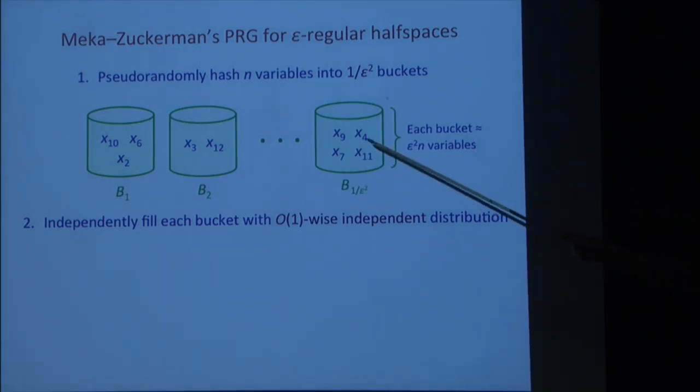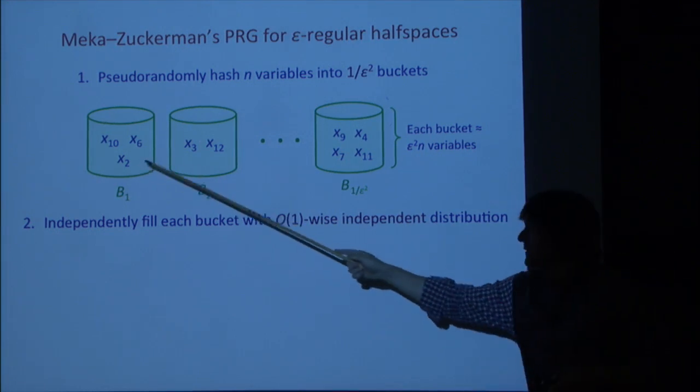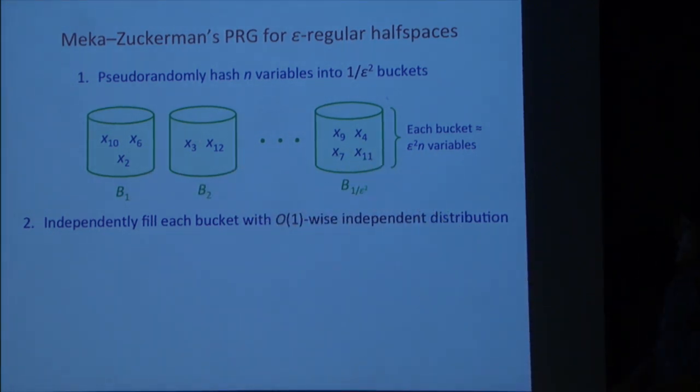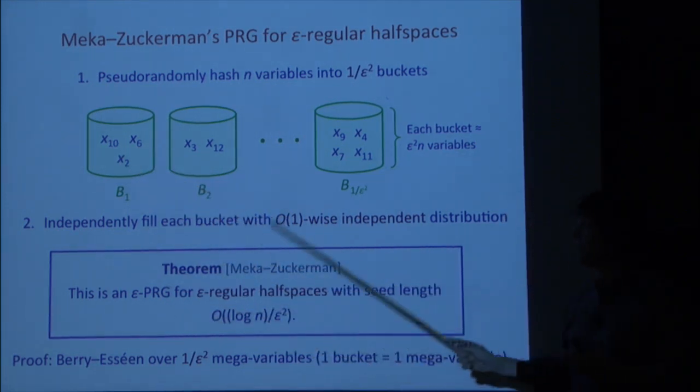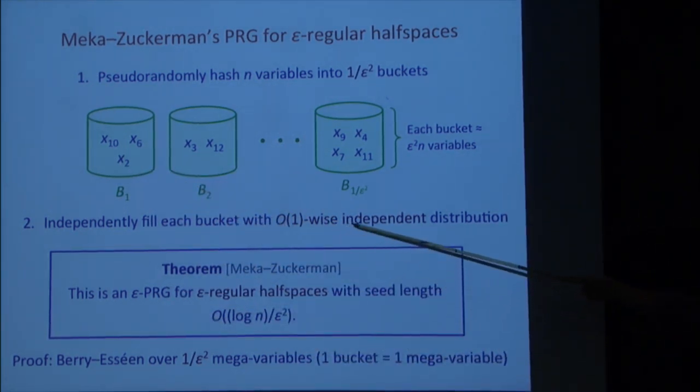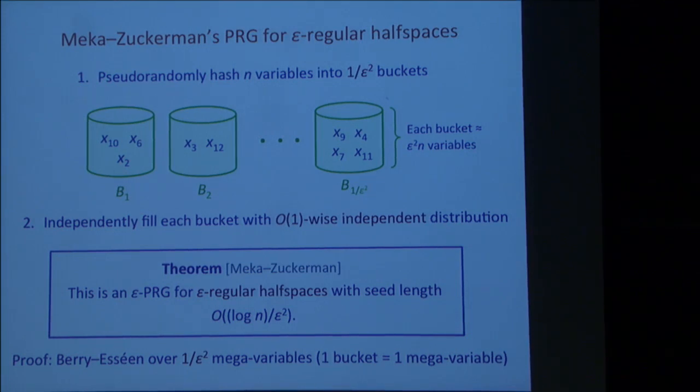The next thing that they do is they independently make an assignment to the variables in this bucket, the variables in this bucket, variables in this bucket. For each bucket, they make an assignment to those variables using a 4-wise independent distribution, it turns out 4 is enough. Assigning the variables in that bucket takes you log n bits of randomness. There are 1 over epsilon squared buckets.